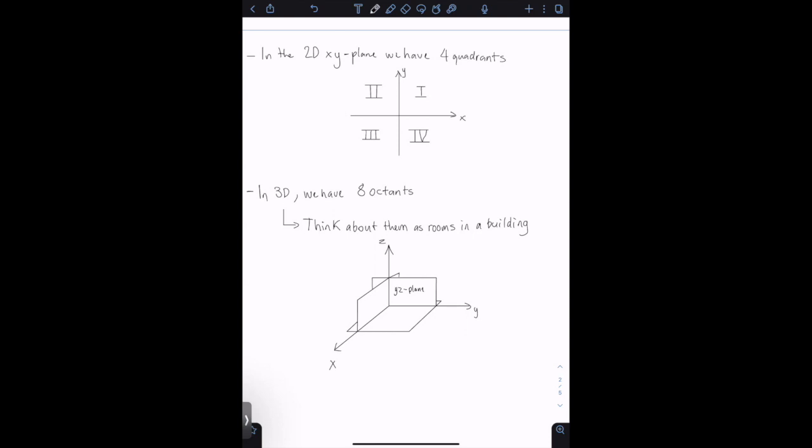Another plane of importance is the XZ plane, the set of all possible X and Z values where we set Y equal to 0. And finally, we have our familiar XY plane, which is the set of all XY values when we set Z equal to 0. These three different planes are like the basis of three-dimensional space.